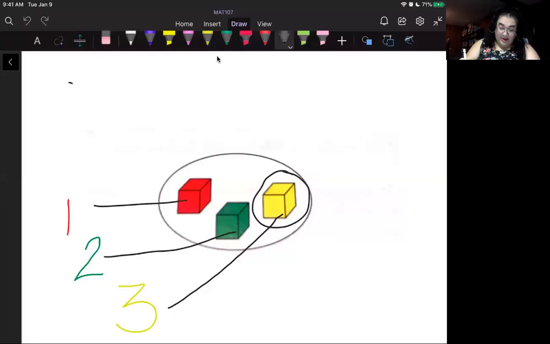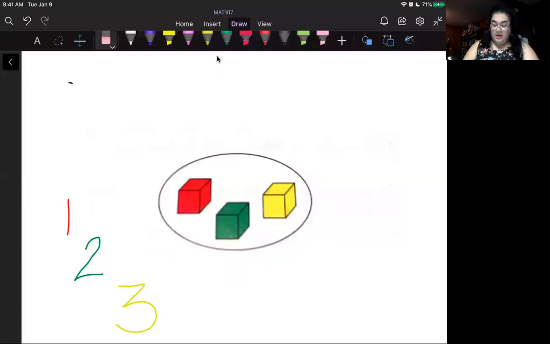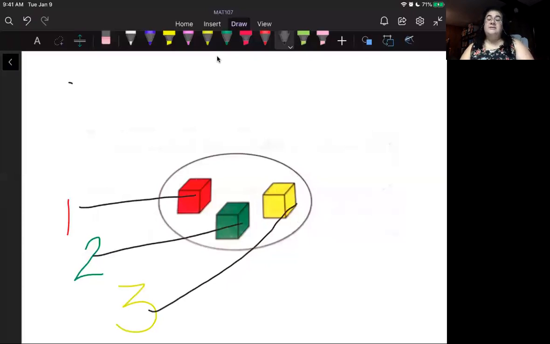The next child gets the same exercise, and they successfully have, this would be child number 4, they successfully have the concept, they have mastered the concept of one-to-one correspondence. And when you ask them how many blocks, they tell you there are 3 blocks, and then you say, okay, so show me 3 blocks, what are 3 blocks?